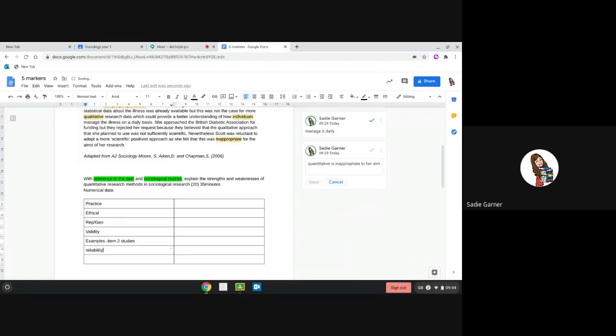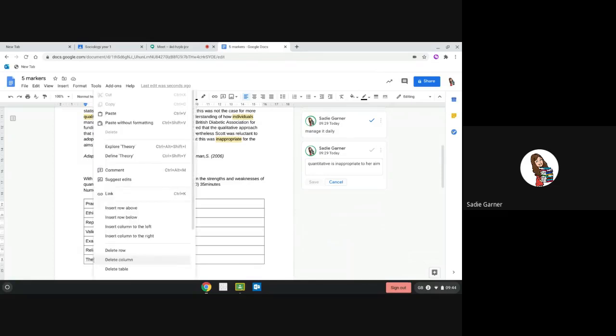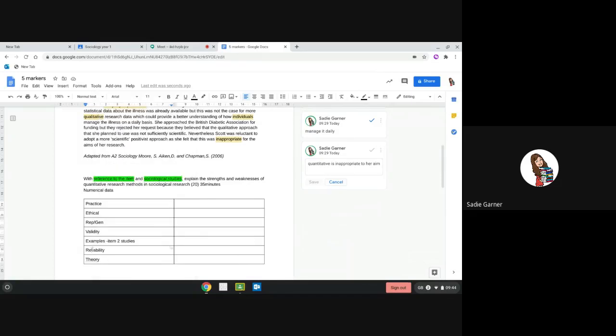Reliability and theory. Now, always use that as a structure, because I've read many an examiner's mark scheme, and it's always got these. It doesn't have perverts written on it, but it basically has these terms.